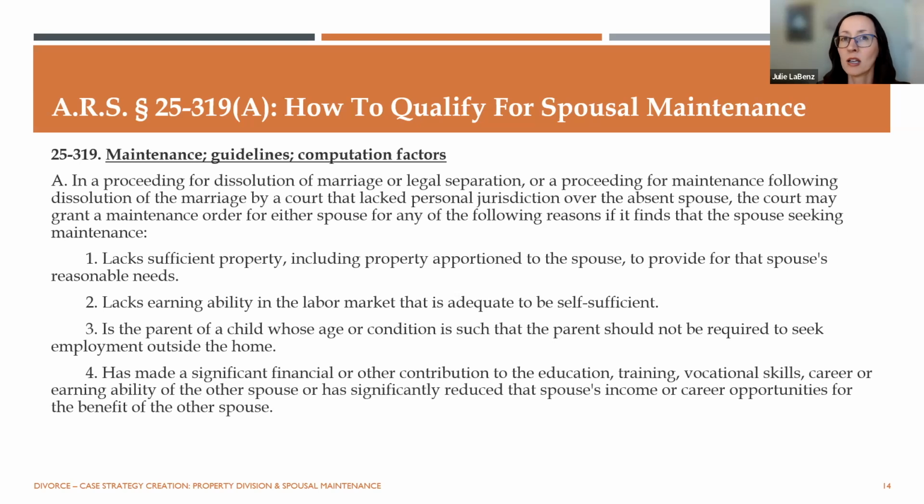So if you got married and then you put your spouse through college and grad school, you worked side jobs and did all this stuff, and you gave up on college so that you could support your spouse, and then they became this successful lawyer or doctor or educator or whatever, that would be making a significant financial or other contribution. And in that same example, you didn't go to college to support that. And that's an example of reducing your income or career opportunities for that spouse's benefit.